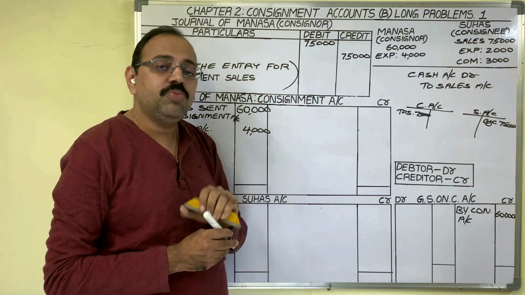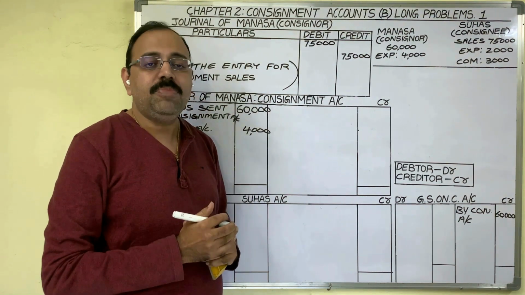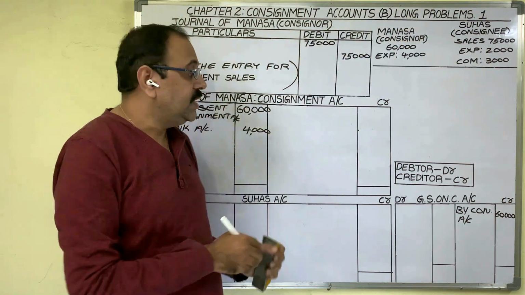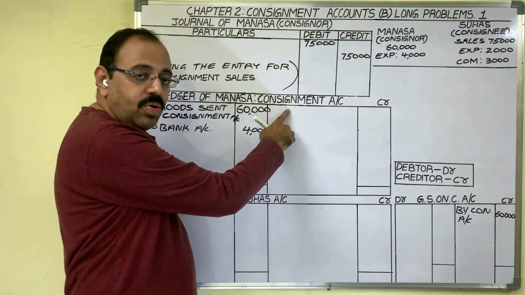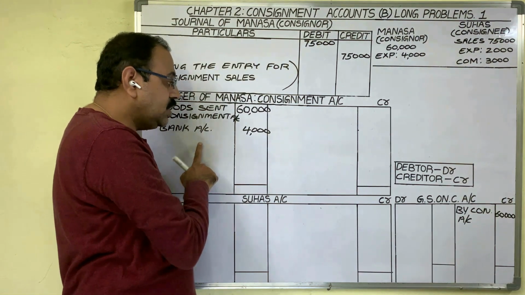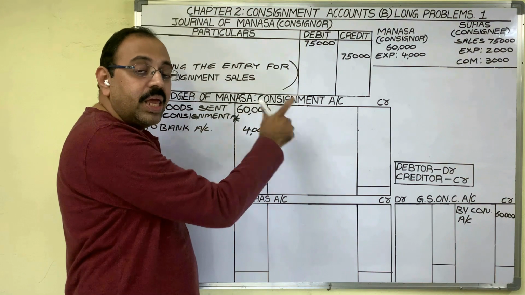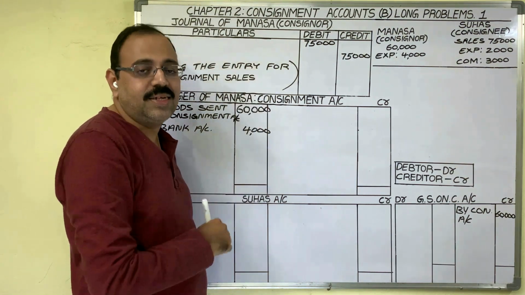Then which entry is to be passed? For consignment business, sale is an income. Consignment account is a nominal account now. Debit all expenses and losses, credit all incomes and gains. As per that rule, incomes are to be shown on credit side.